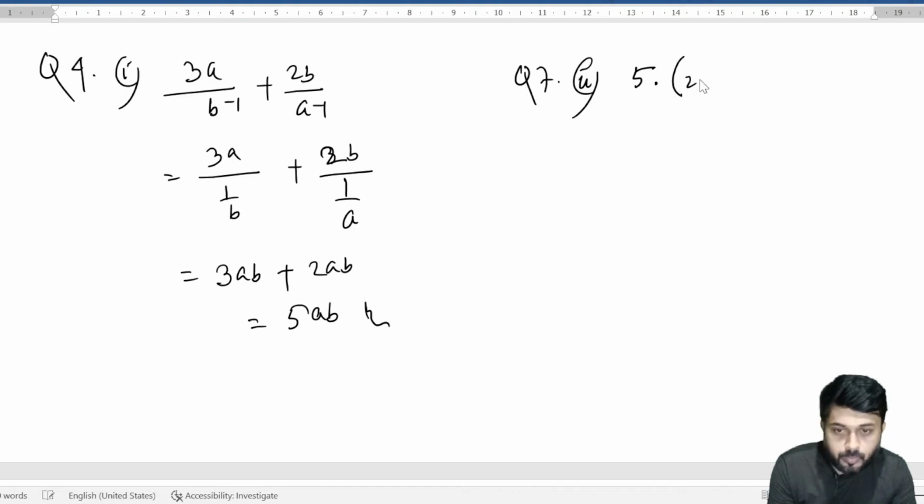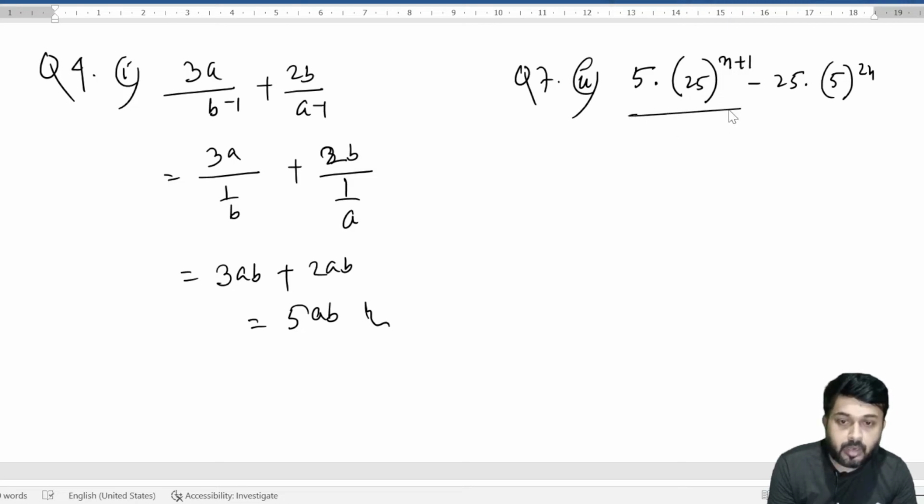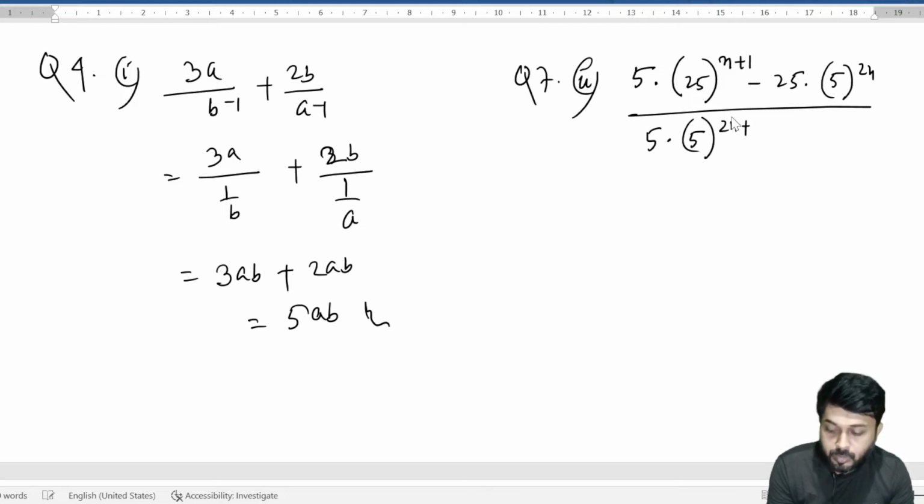5 into 25 whole to the power n plus 1 minus 25 into 5 to the power 2n, divided by 5 into 5 to the power 2n plus 3 minus 25 whole to the power n plus 1.